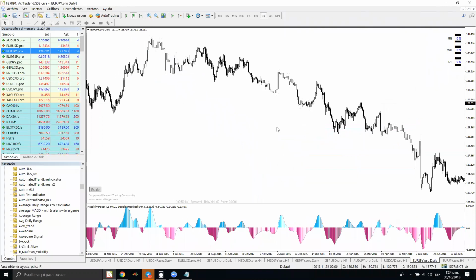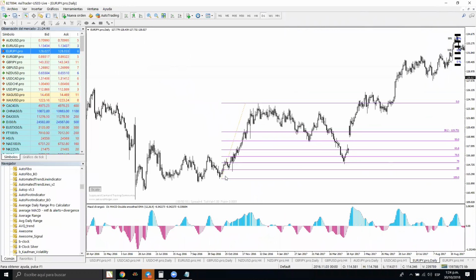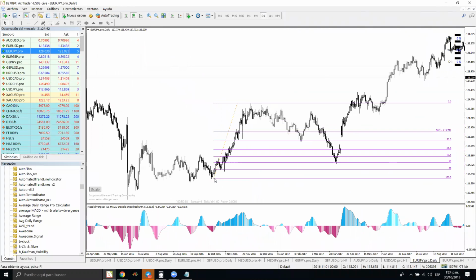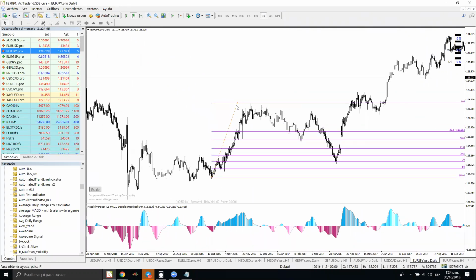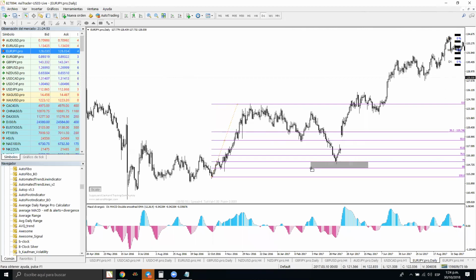Let me make it a little bigger to see more clearly. This is the rally. The entry zone 79, 88.1. This is the killer zone.